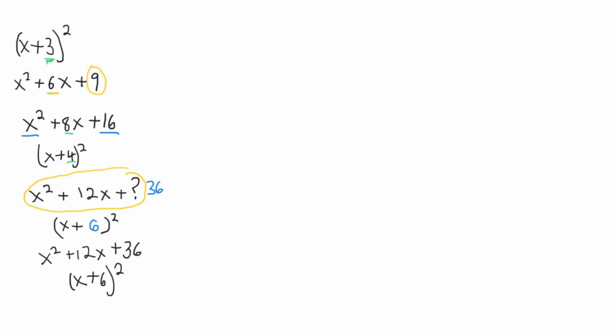This works similarly even if you have a middle term that's negative, x squared minus 10x plus something. Well, that something is going to be half of the coefficient of the middle term, squared. So half of negative 10 is negative 5. If I square it, this should be 25.